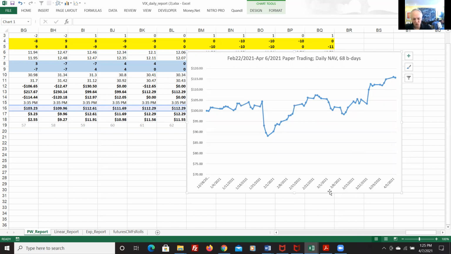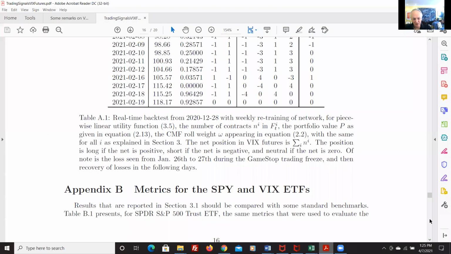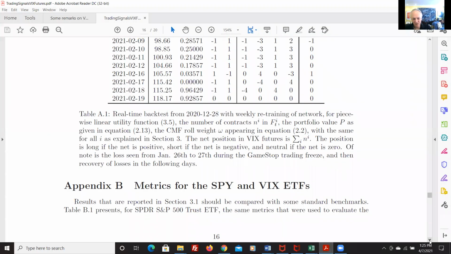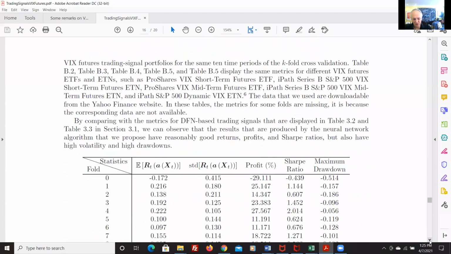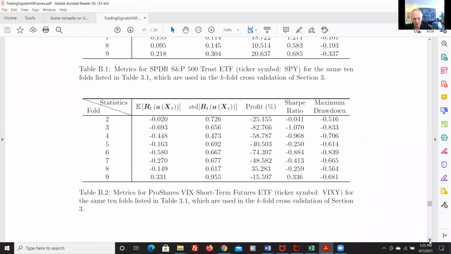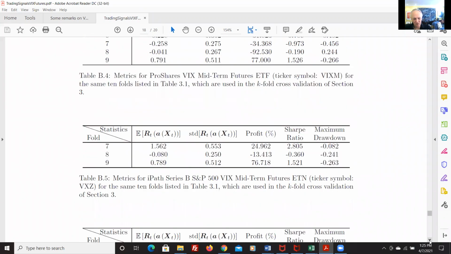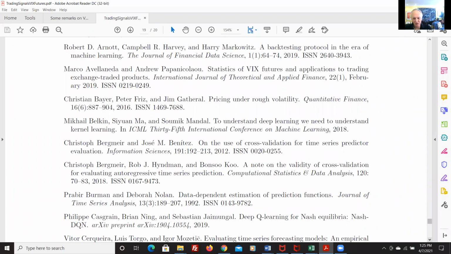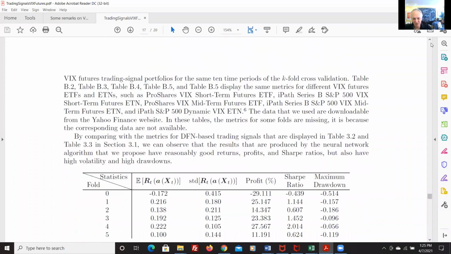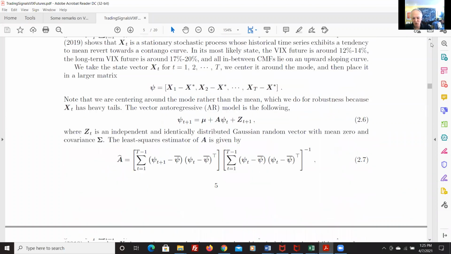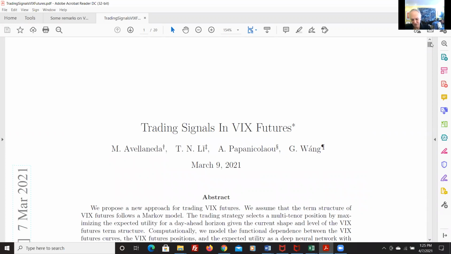So in the end, I'm not giving you the whole paper, but you can read it. You're going to have a copy of it. And it's a lot of tables and a lot of numbers. But what it's basically saying is we used some sort of Markov model to forecast what we would do in terms of positioning in the market.